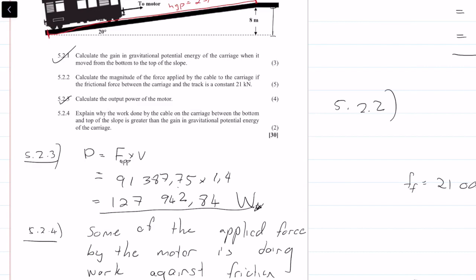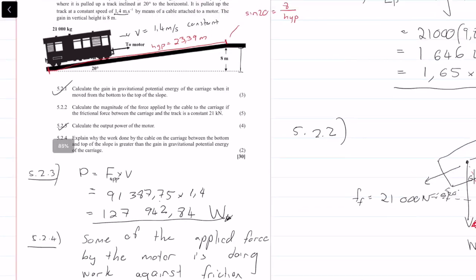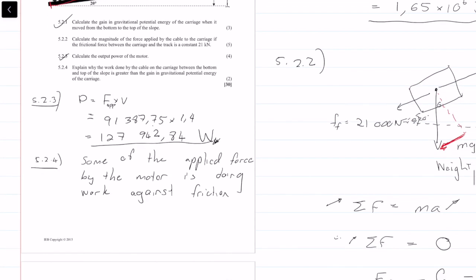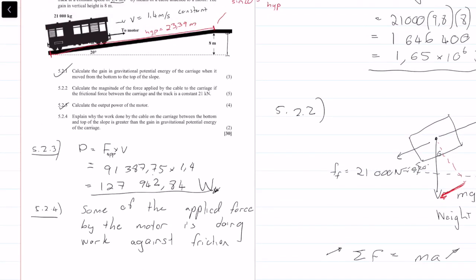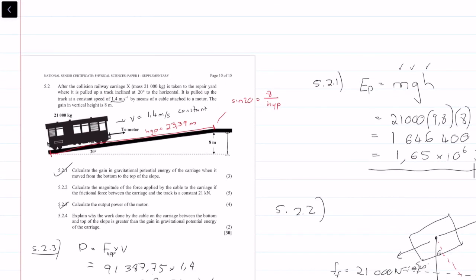Basically, because there's friction, if there was no friction, the energy at the bottom, the actual height we get to would be greater than 8 meters. But because of the friction, we're being brought down to 8 meters.